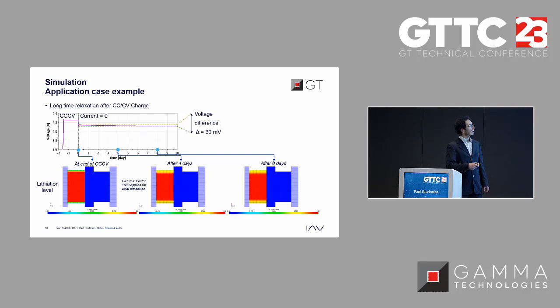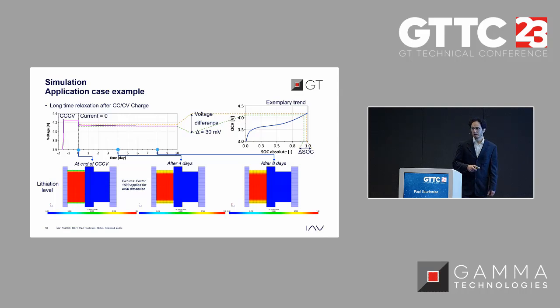This leads to a difference in voltage at the end of about 30 millivolt. The interest of that is that if you do not have any overhang regions, then you would get a stable voltage, so you will not have any difference. And if you take this difference and look in your OCV curve, a difference in voltage leads to a difference of SOC.